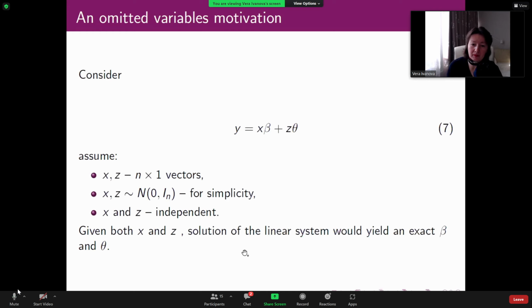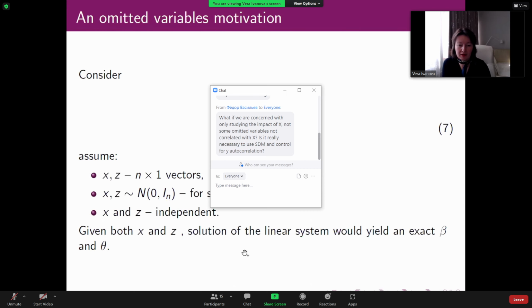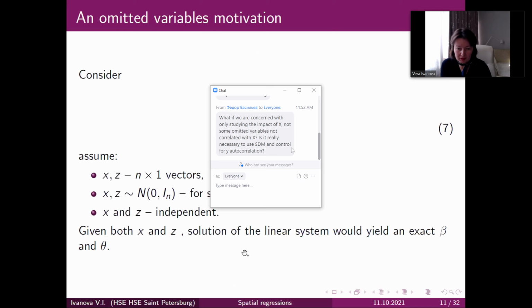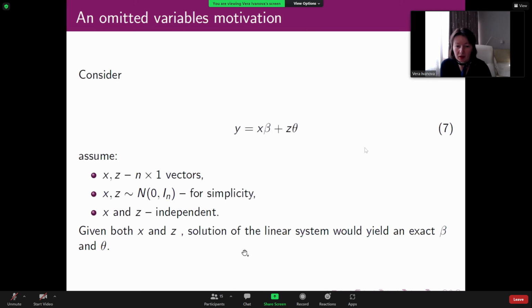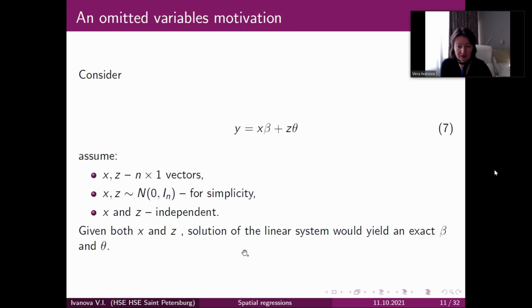Okay, thank you. There's a question in the chat. What if we're concerned with understanding the impact of X, not some omitted variables, not correlated with X? Is it really necessary to use a spatial model? If we do not consider any spatial dependence in the regression, we do not construct a spatial model. For this motivation, we assume that the omitted variable is spatially autocorrelated.